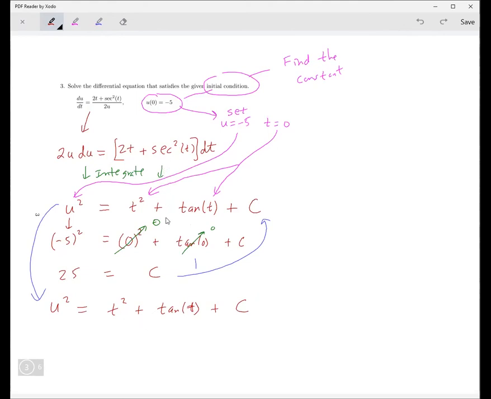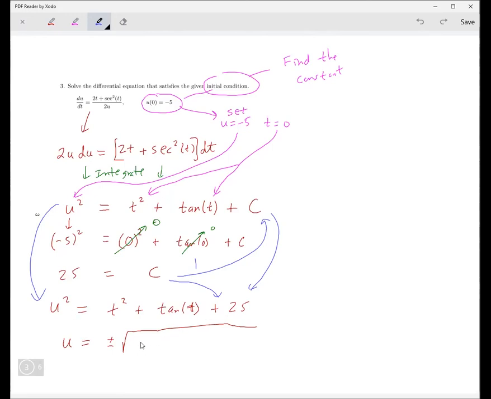Now, they actually want you to go further and not just leave it like this. Oh, wait, what am I doing? I did that whole thing just to say C was going to be 25, right? So this C is 25, so replace this. Basically, the idea was to replace this C with the 25. And that's completing this part, find the constant. Find the constant, and then put it back into the equation.